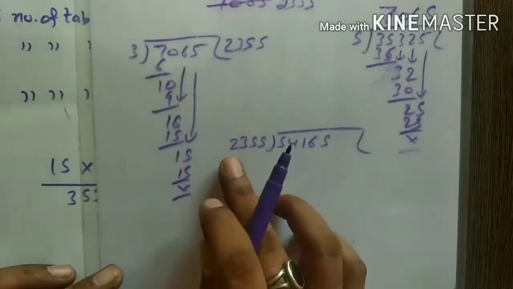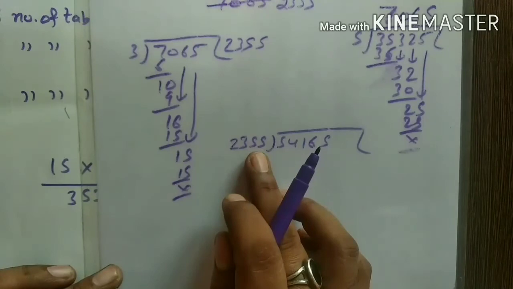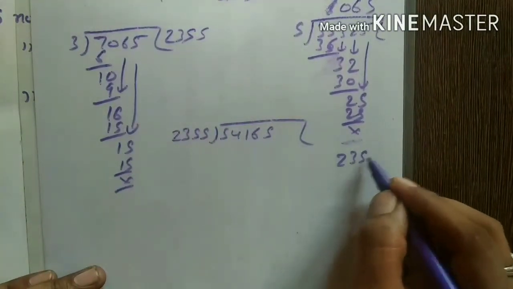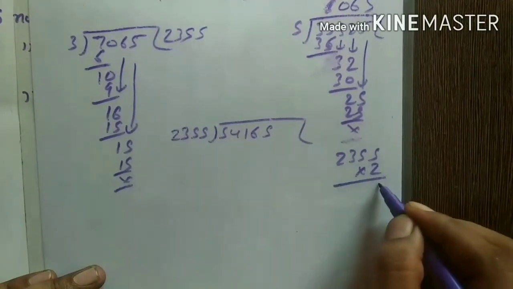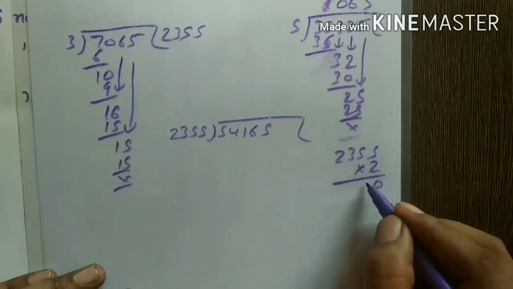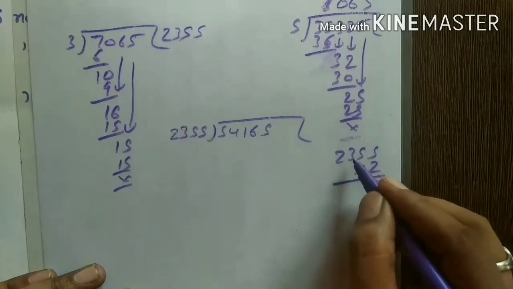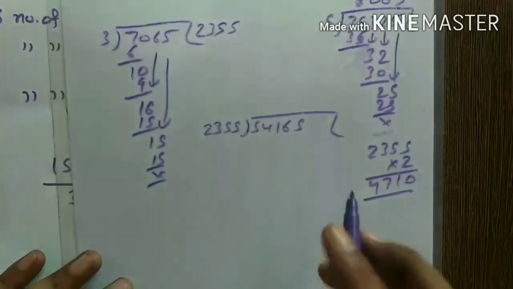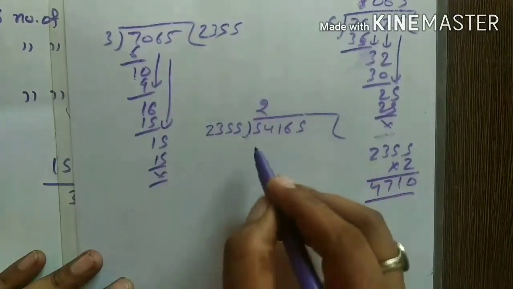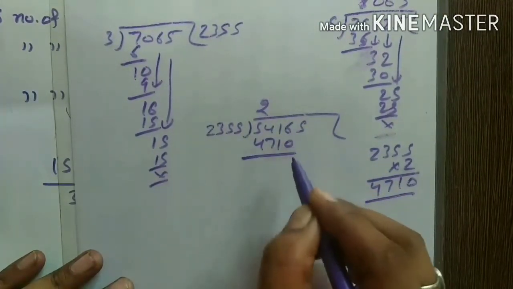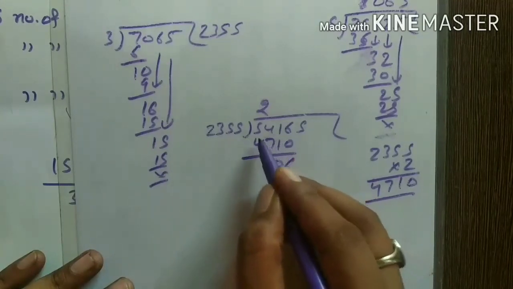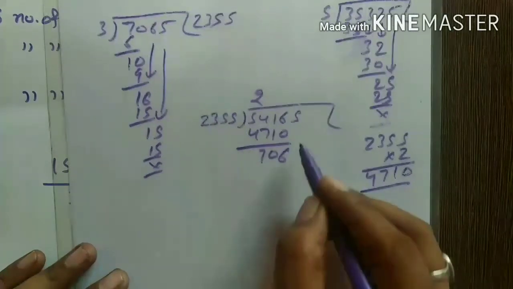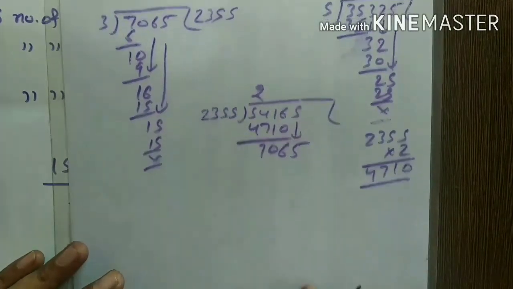Now 2355. I don't know the table of this. For this I have to multiply with 2. 2 5s are 10. 2 5s are 10 plus 1, 11, carry 1. 2 3s are 6 plus 1, 7, and 2 2s are 4. So on the table of 2 I write 4710. Now 6 0, 14 minus 7, that is 7. Clear? And it is 5.